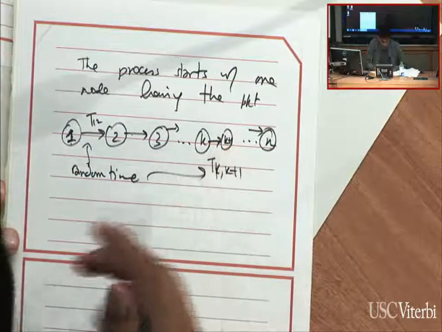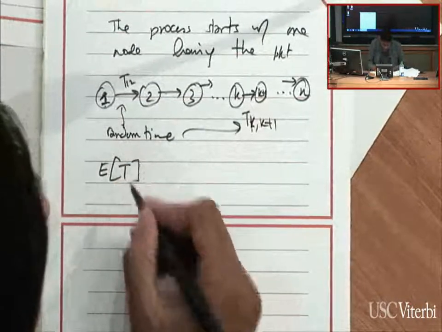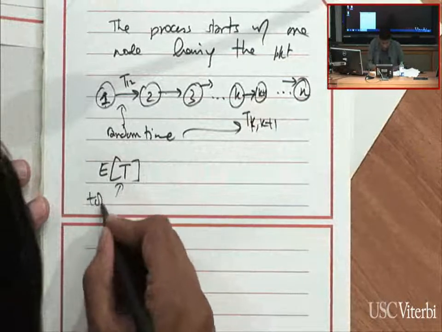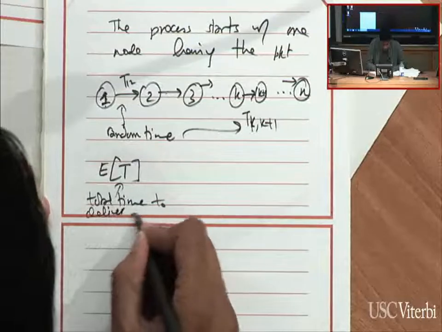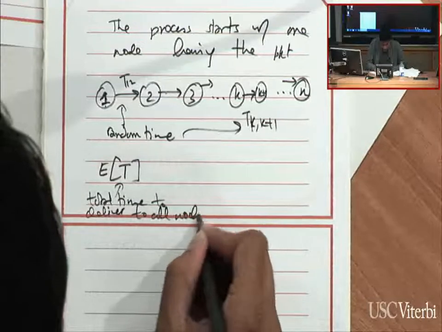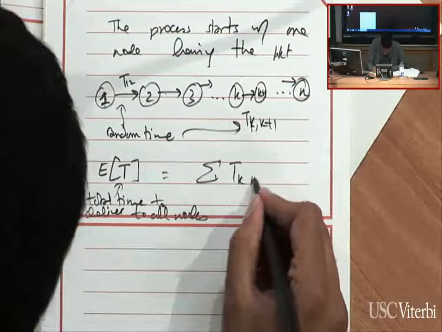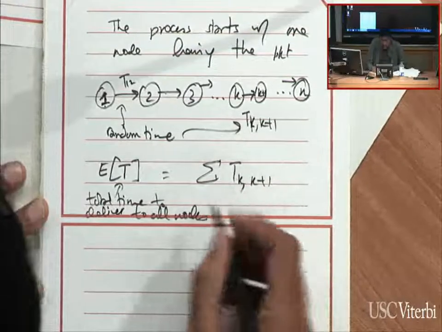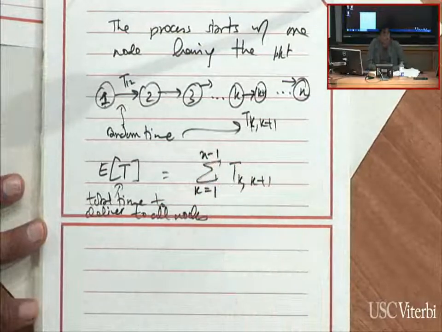And so finally, the expected time I'm interested in, the total time to deliver to all nodes, is simply the summation of these random times from k to k plus 1, for k starting from 1 till n minus 1.